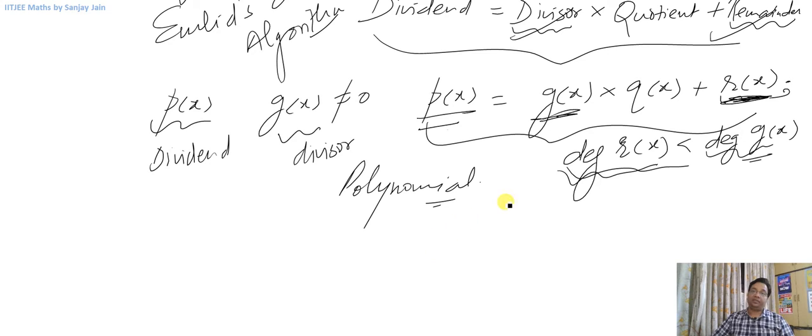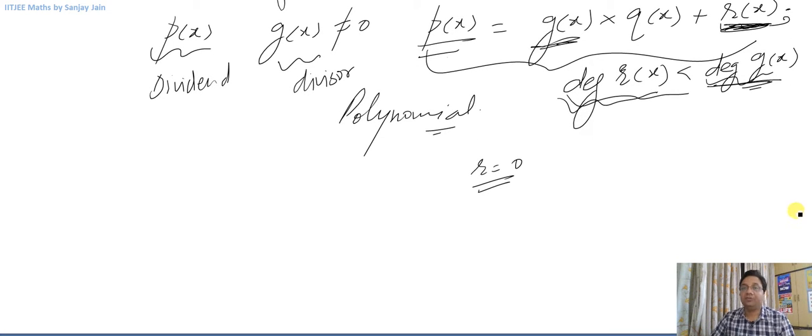Otherwise, the degree of the remainder will be lesser than the degree of the divisor. So we already know how to divide two polynomials, right? When we do the division, we stop at the step when the remainder is of lesser degree than the divisor. Either the remainder becomes 0 or it becomes of lesser degree than the divisor.